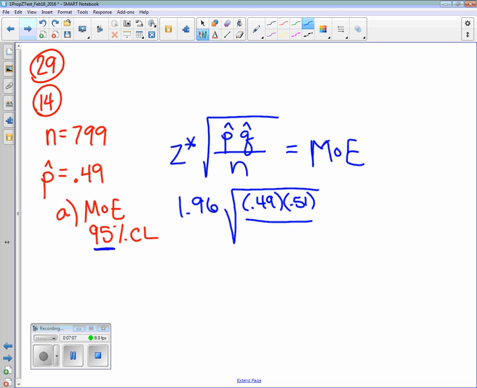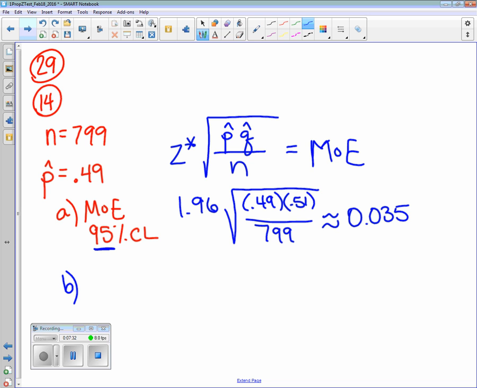And then our sample size was 799. So go ahead and plug that into your calculator. Tell me what you get. I expect to see this work. I got 0.035. At least that's what the book got. Did you guys get that as well? Okay, good. So that's part A.